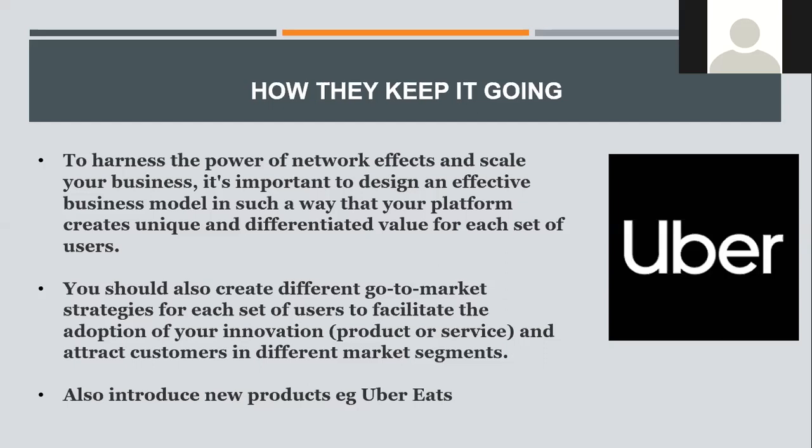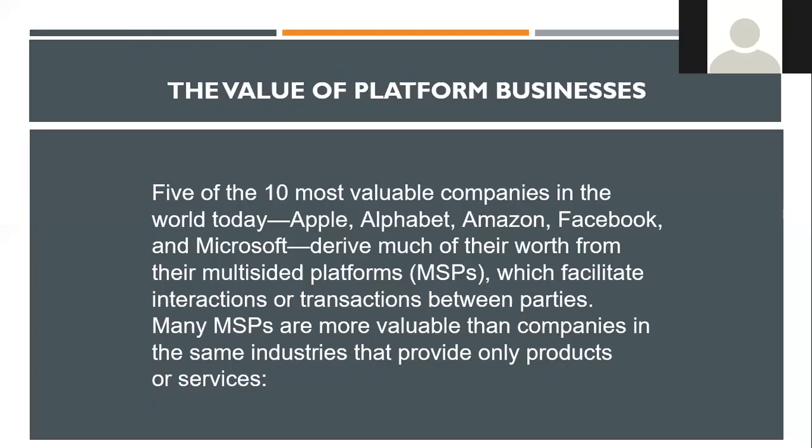Uber would then pay for that. So the drivers were making money, and there were more riders. So they paid to get more riders, and you get more drivers, and the cycle continues. And later on, they introduced new products such as Uber Eats and all these other products that they're trying to bring. This is to further entrench you in the Uber system so that you're in the network and it's difficult to get out.